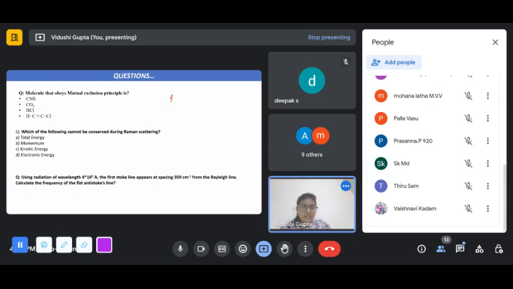Just remember that Rayleigh scattering is when a molecule is excited to a higher energy level and then it relaxes back to the same vibrational level as the original state. So that's Rayleigh scattering, and it is elastic scattering.